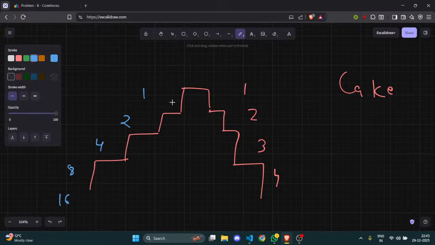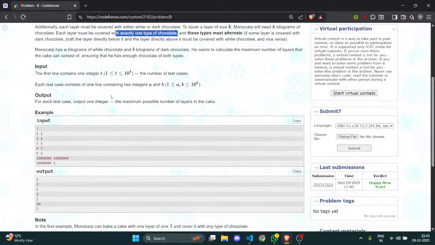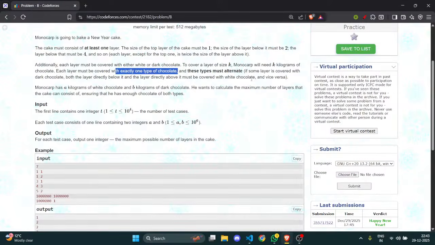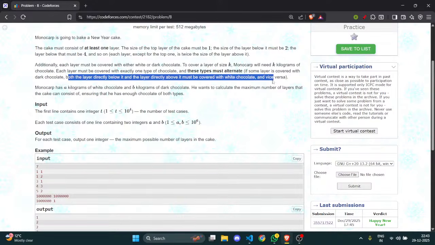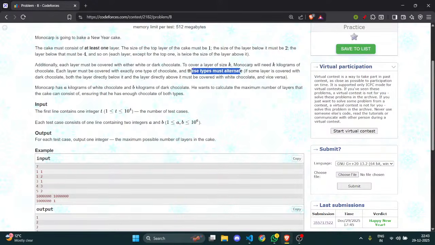The second rule is that we need exactly as many kgs of chocolate as the layer's weight. The third rule is that the layer directly below and directly above must be covered with the other chocolate, which means the layers must alternate.